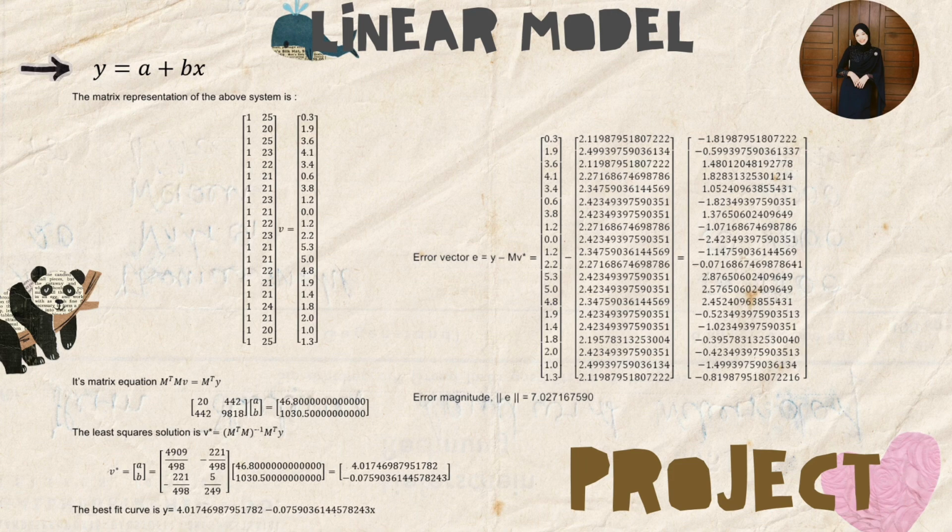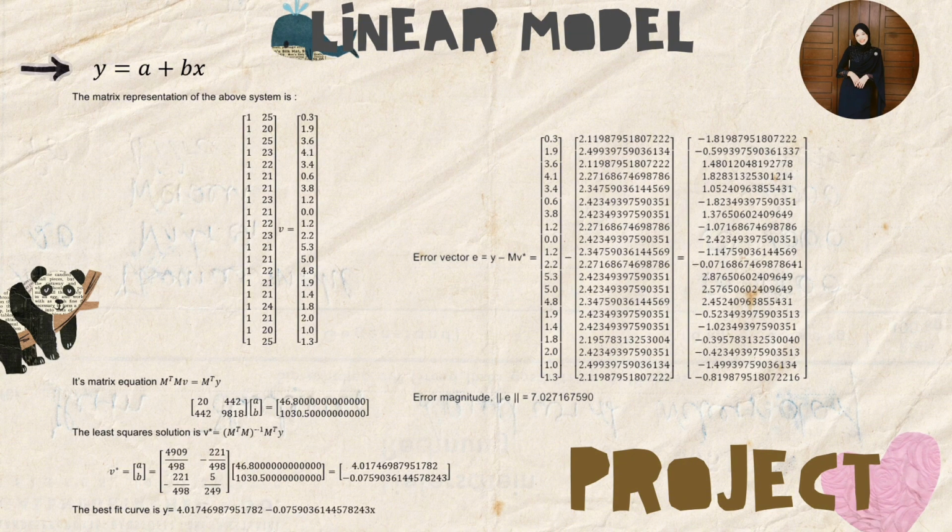The normal equation used to obtain the least square solution is M transpose multiply M multiply v equals M transpose multiply y. Substitute the data in the normal equation, and by solving using M transpose M inverse multiply M transpose y, the estimated coefficients are obtained, and then we get the best fit regression line.